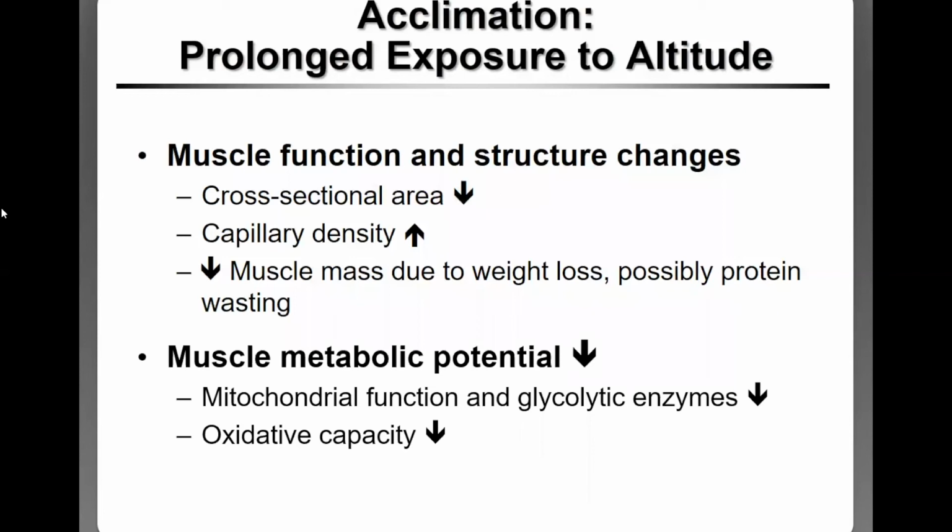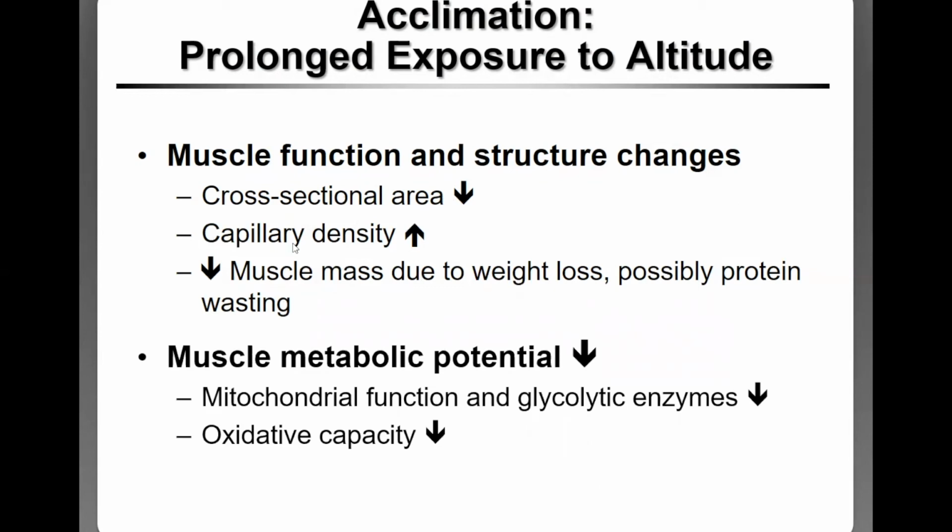However, we increase our capillary density as a result of the hypoxic conditions. So remember we said that the body will adapt only when it's stressed beyond a certain point. Under hypoxic conditions, the body tries to adapt by developing new capillary beds, and according to Fick's law of diffusion, the greater the surface area, the greater the diffusion of that gas across the membrane.